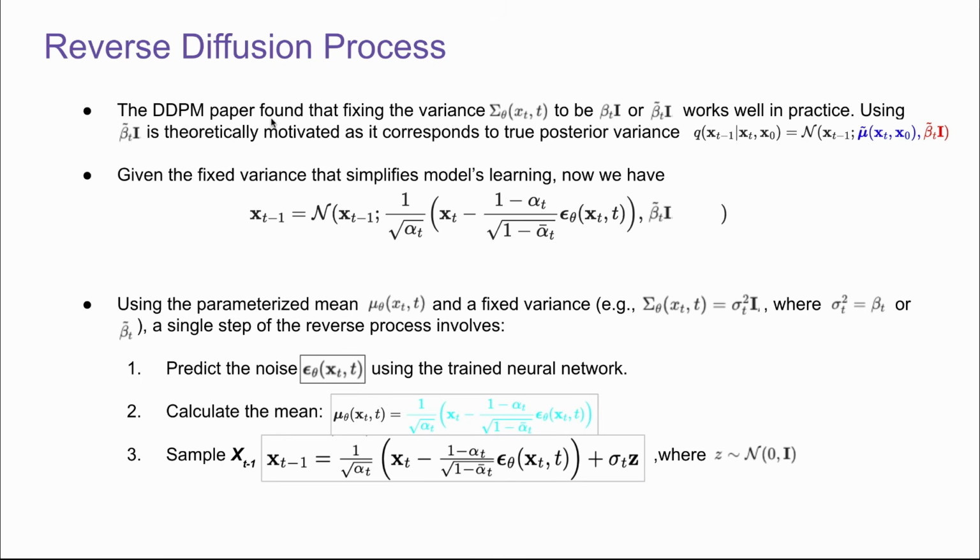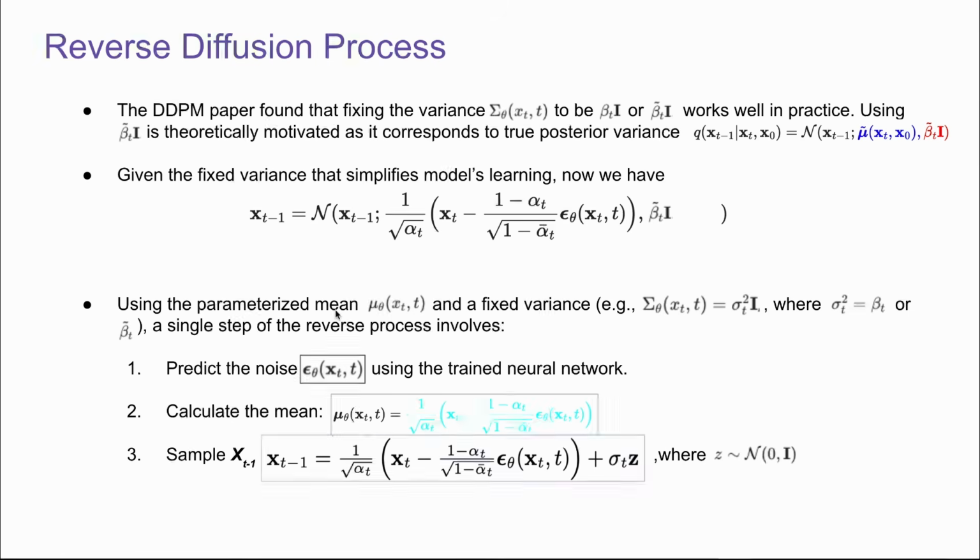The DDPM paper found that fixing the variance to be beta t or beta t hat works well in practice. Using beta t hat is theoretically motivated as it corresponds to the true posterior variance, q(xt minus 1 given xt and x0). Given the fixed variance, that simplifies the model's learning objective. Now we have the distribution of xt minus 1 given xt and t.